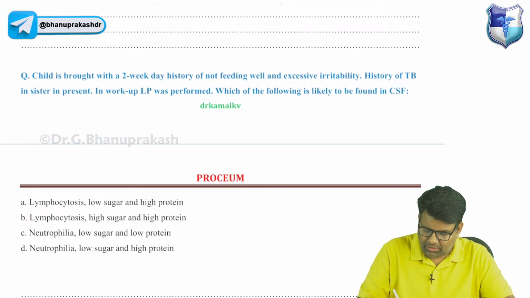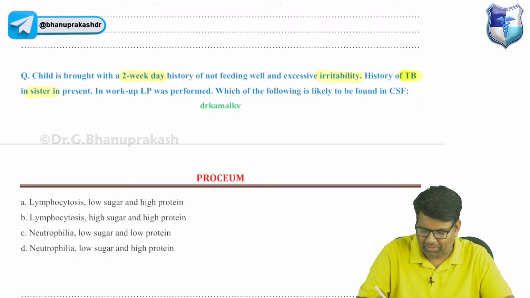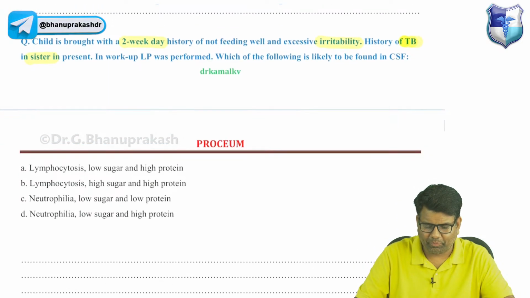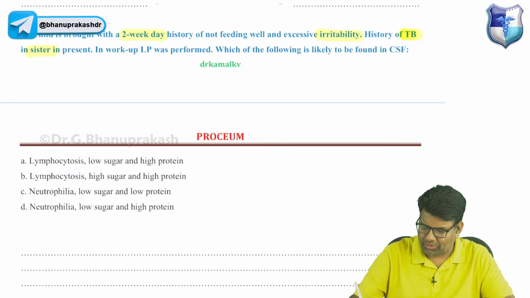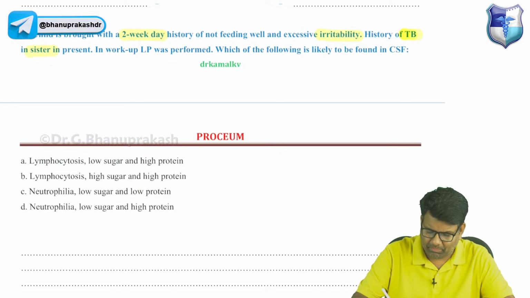A child has a 2-week history of not feeding well and excessive irritability, and there is a history of TB in the family. When lumbar puncture was done, what can you expect in this case? There is already a family member who has TB, so we can assume that this child might also have developed tuberculosis.